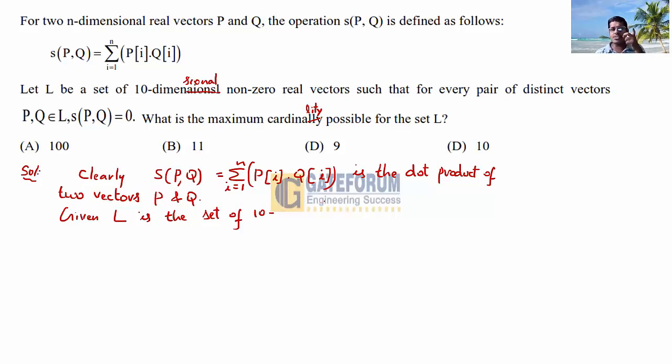For example, 2-dimensional vectors, 1 comma 2, that is the coordinate geometry 2D representation x comma y, 3D representation x, y, z. Here, 10-dimensional vectors, non-zero, that is each vector is a non-zero vector. Real vector means all the components, all the elements of each 10-dimensional vector, are real numbers.